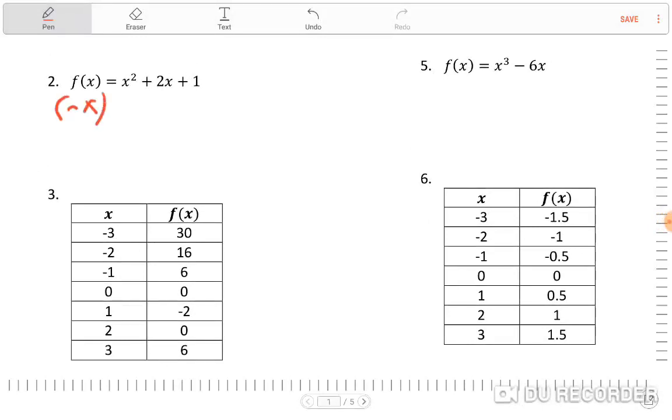So if I change that first x to a negative x, and then plus 2 times negative x plus 1, and then I simplify, negative x squared is going to be x squared, because a negative to an even power is a positive, minus 2x, because 2 times negative x is minus 2x, and then plus 1.